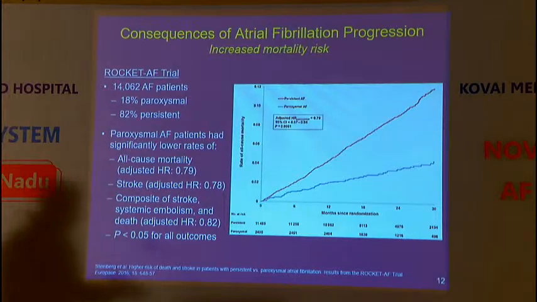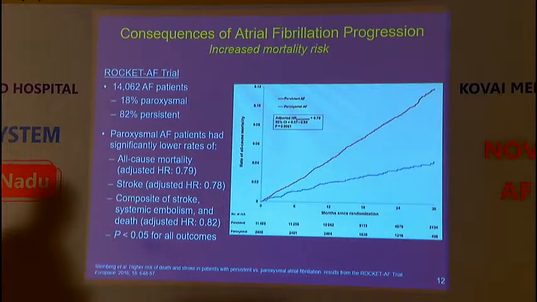You look at one of the largest trials, the ROCKET AF trial, which looked at a huge number of patients with atrial fibrillation for stroke prevention with rivaroxaban. In ROCKET AF, they had close to 14,000 patients who had AF. Around 18% of them were paroxysmal and 82% were persistent. In paroxysmal AF, patients had a significantly low all-cause mortality, low incidence of stroke.